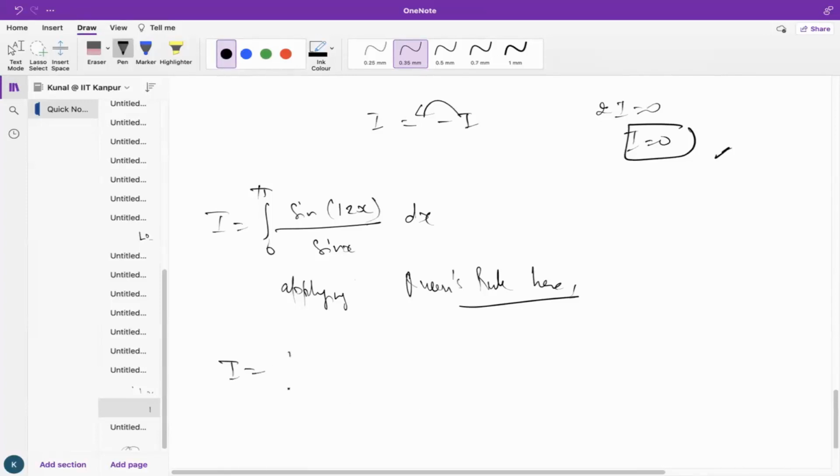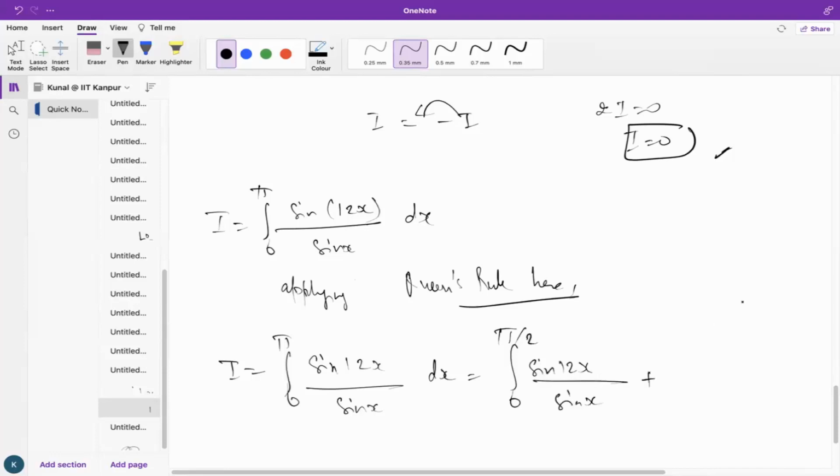I is equal to the integral from 0 to pi of sine of 12x by sine of x dx, which is equal to the integral from 0 to pi by 2 of f of x plus f of 2a minus x. So f of 12 pi minus x, right?